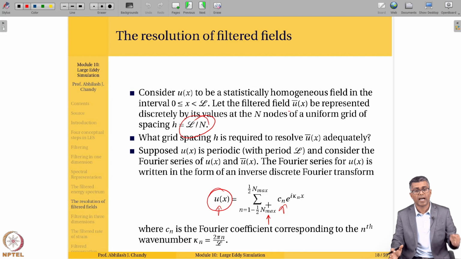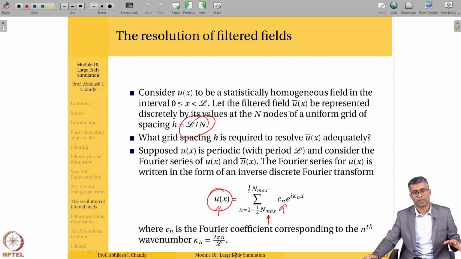So if you write it as a discrete Fourier transform, then u of x is the summation from 1 minus half Nmax to half Nmax, isn't it, of Cn e to the i kappa n x. So this is, if it was direct numerical simulation, you're fully resolving it. And that kappa n is basically the wave number for fully resolving u of x. So that would be 2 pi n over L.